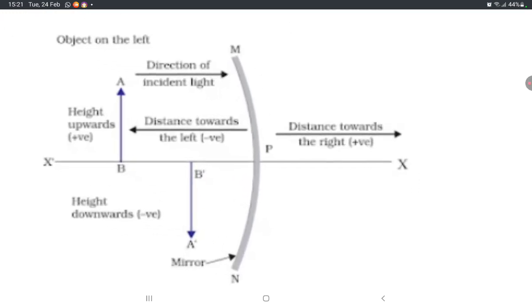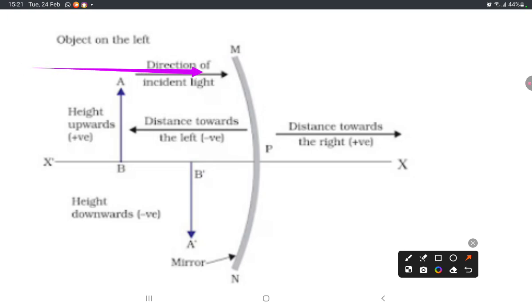If you see the image, all distances are measured from the left side, from the object, in the direction of the incident ray, which is parallel to the x-axis. The positive x-axis side is taken as positive, and distances measured against the direction of the incident ray, on the negative x-axis side, are taken as negative.